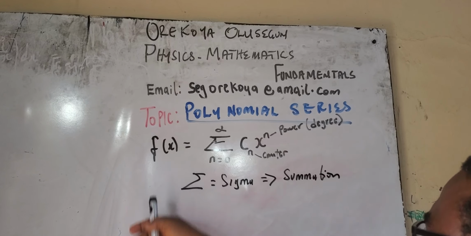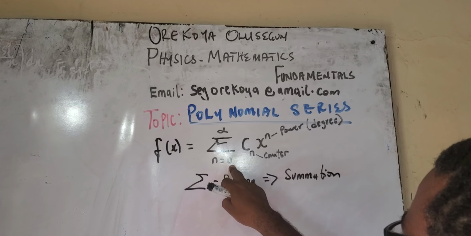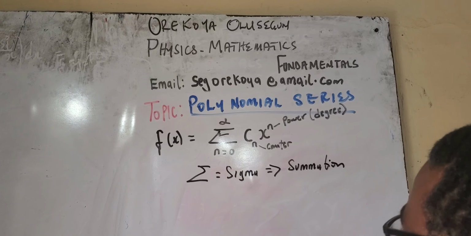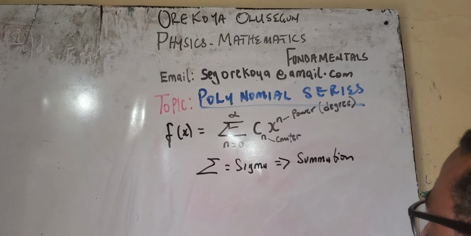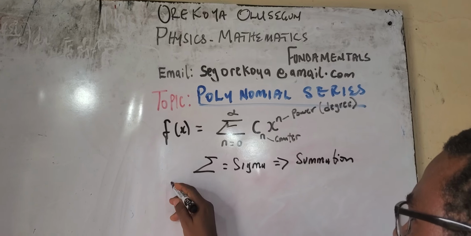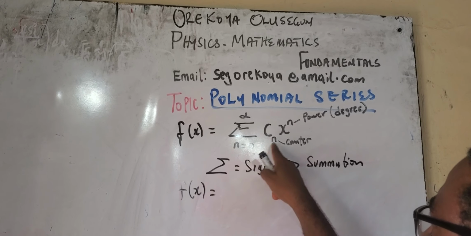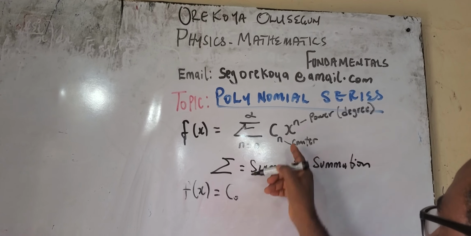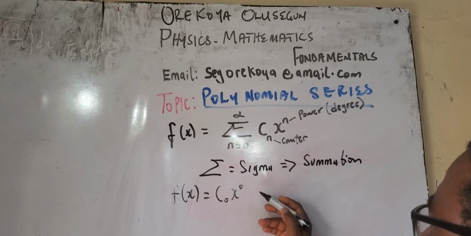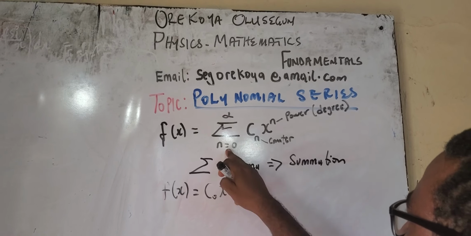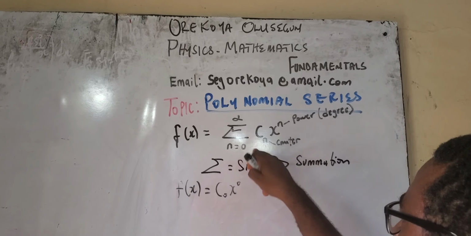Now, if I'm starting from 0, that means when my n is 0, I put it here. So my function f of x, as n is equal to 0, I'm going to have c0 x raised to the power 0. Then I move down to when n is 1. I'm going to be counting from 0, 1, 2, 3, and so on.